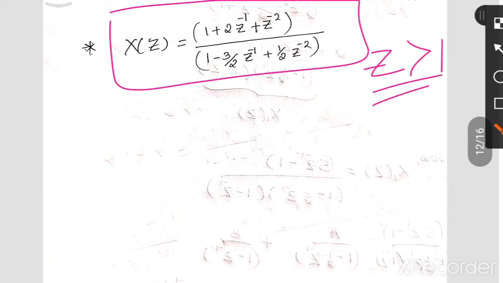Whenever we have z greater than 1, we do not have any problem because the ROC will be outside that circle, outside of that 1. Therefore the entire signal will be positive sided.